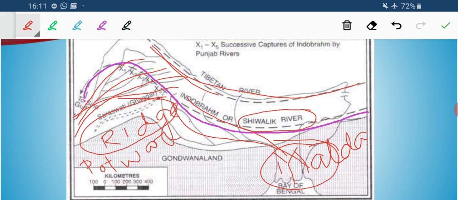Now, due to its gradient, it makes a U-turn over here, and gradually it enters towards our country, making a deep gorge in Arunachal Pradesh, and then it enters the part of Assam, but just bordering Meghalaya, it enters that Malda Gap, and presently that Malda Gap is named as Bangladesh.